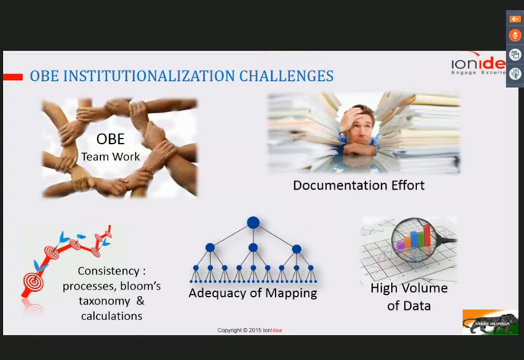Maintaining all that data in an Excel sheet or a document is a very huge task. So if we have automation tools for maintaining such data, that will be very helpful to get all the attainment results in a click, which can further be generated in the form of reports that you can submit for any accreditation needs.